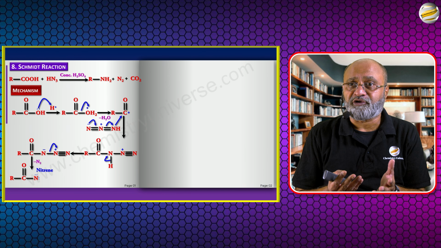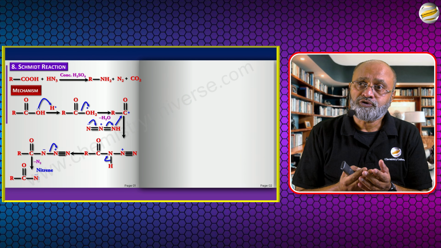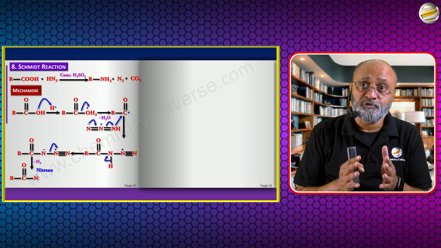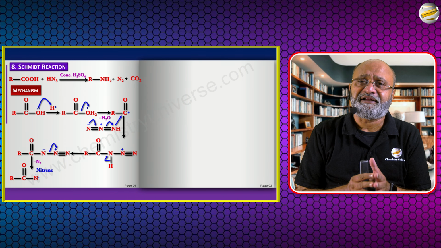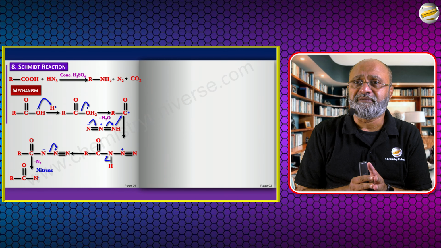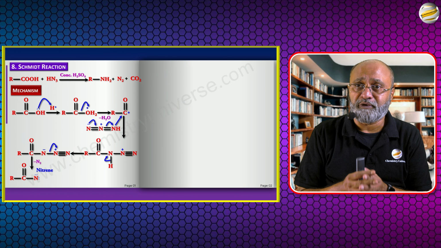Here the leaving group is nitrogen. You could have a halogen or any other leaving group also. So you need an H on nitrogen as well as a good leaving group to get the nitrene. The moment you get the nitrene, everything becomes similar to the other reactions I mentioned, and we will talk about that as and when they come up.